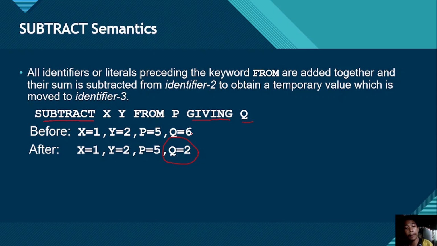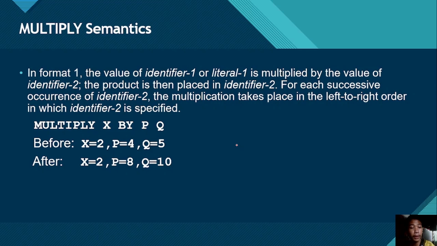In format 1 of MULTIPLY, the value of identifier 1 or literal 1 is multiplied by the value of identifier 2. The product is placed in identifier 2. For each successive occurrence of identifier 2, the multiplication takes place in the left to right order in which identifier 2 is specified.